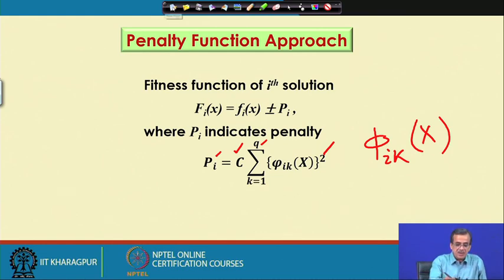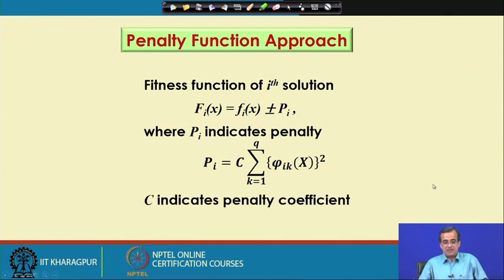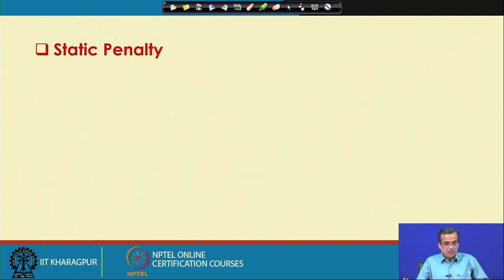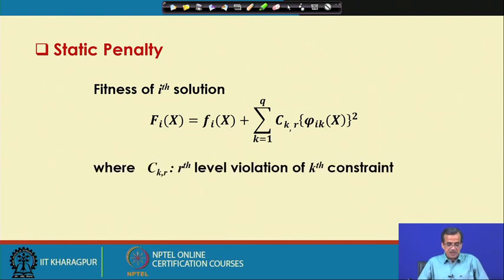I am going to discuss a few approaches for how to calculate this particular penalty value. Here, we are going to use the concept of the static penalty first. In static penalty, we use this expression to find out the modified fitness.